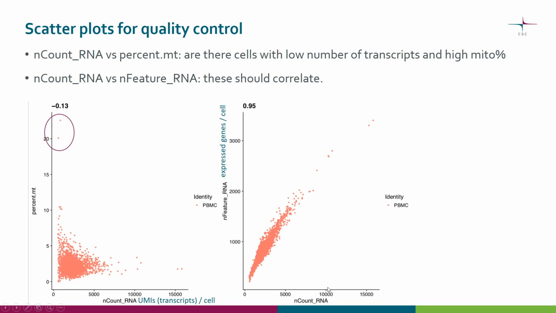In this other one, we have the number of expressed genes per cell and number of transcripts per cell. Here you would expect a relatively good correlation. In other words, if the number of genes expressed and detected increases, then also the number of transcripts or UMIs should increase.